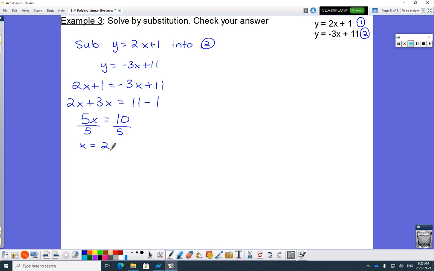Again, it really doesn't matter, but if you want to follow the same procedure, since we did sub y equals 2x plus 1 into 2, now we'll do sub x equals 2 into 1. Okay, so we'll do the other equation just like we did for the other example.